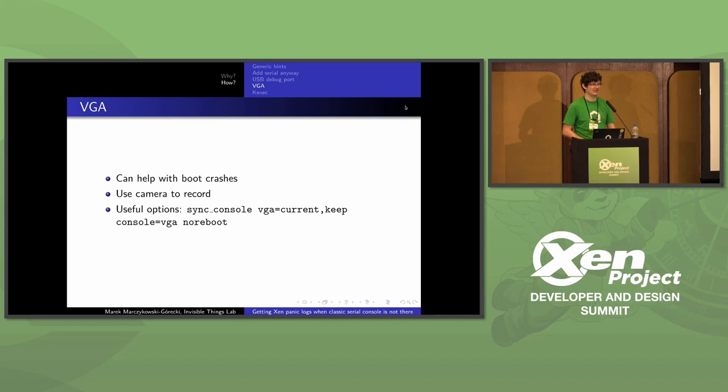Dom0 boot will be very slow in this case. But there maybe you will get a crash message, which is much better than not getting this message. In some cases it helped me a lot.